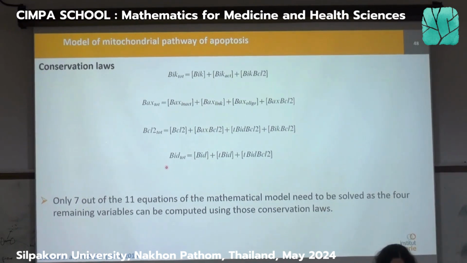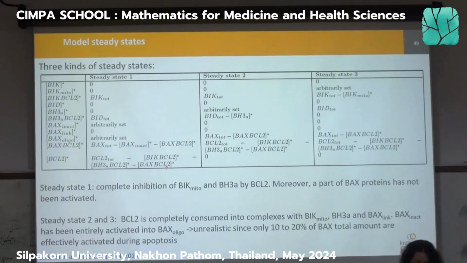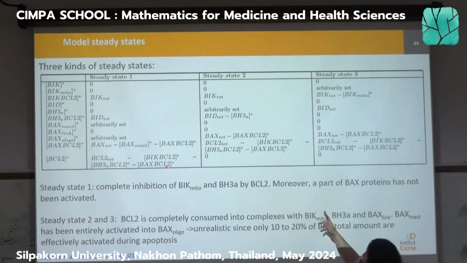Very briefly, we computed the steady states, which were not very interesting in that case because they were probably not realistic. So you have 3 types of steady state. Maybe we'll start with steady states 2 and 3.